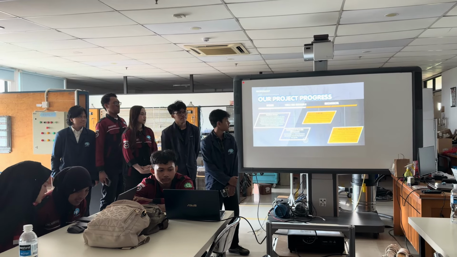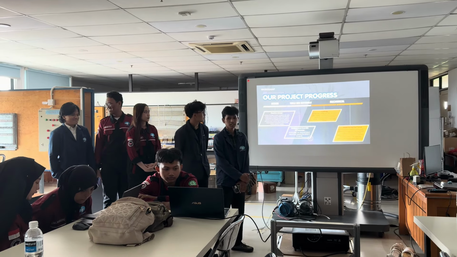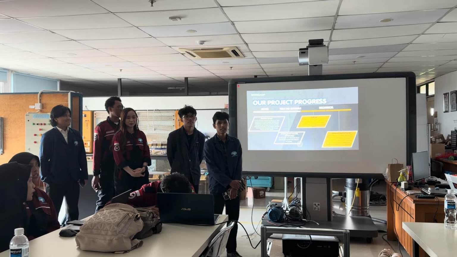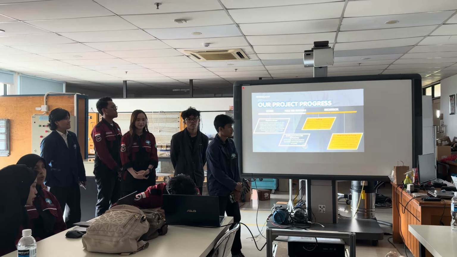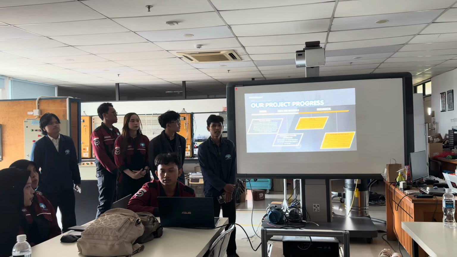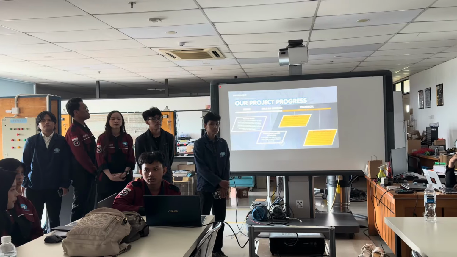So we start with our project progress. We break it down into three main phases. The first is design, the second is tools and material, and the last is mechanical.